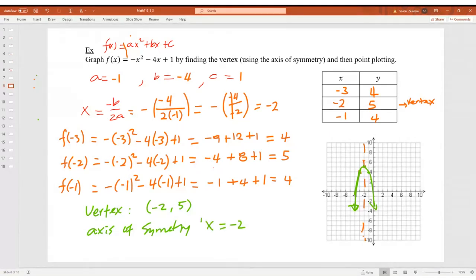That's a line. It's a vertical line. X equals negative 2. Okay. That's called the axis of symmetry.